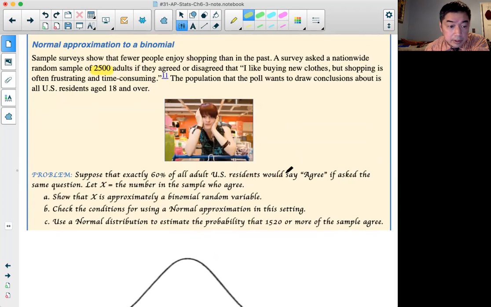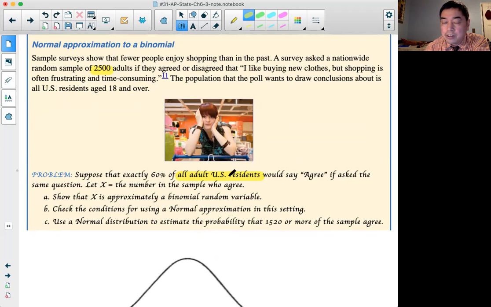Let's read this one. Problem: suppose that exactly 60% of all adults in the USA. So compared to 2,500, it's much less than the US population. It's much less than 10% of the US population, right?